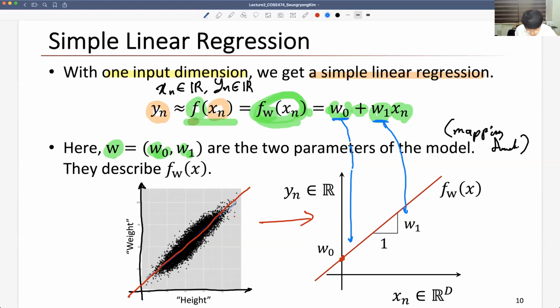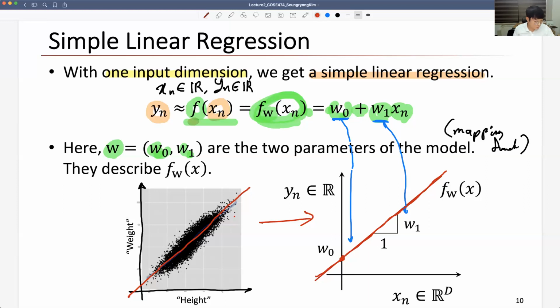So this straight line is defined by w0 and w1. What we want to do is find the optimal w0 and w1 that approximate the relationship between height and width. In other words, this is the goal of this linear regression problem.